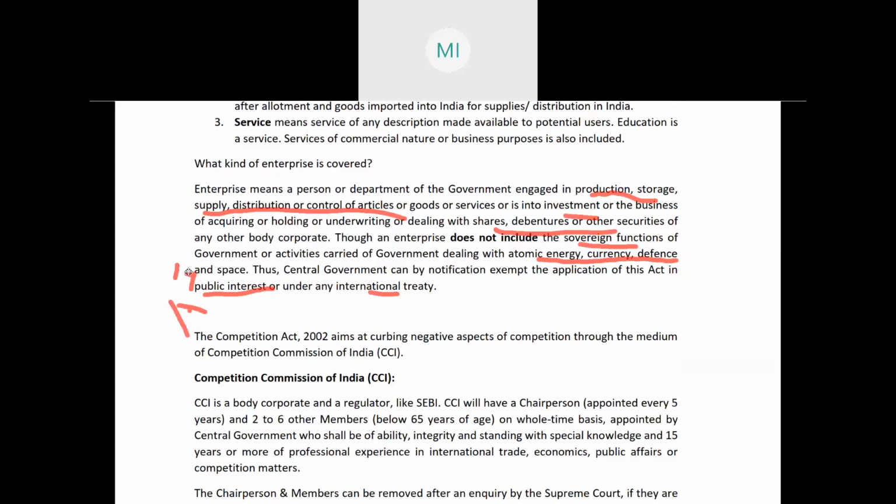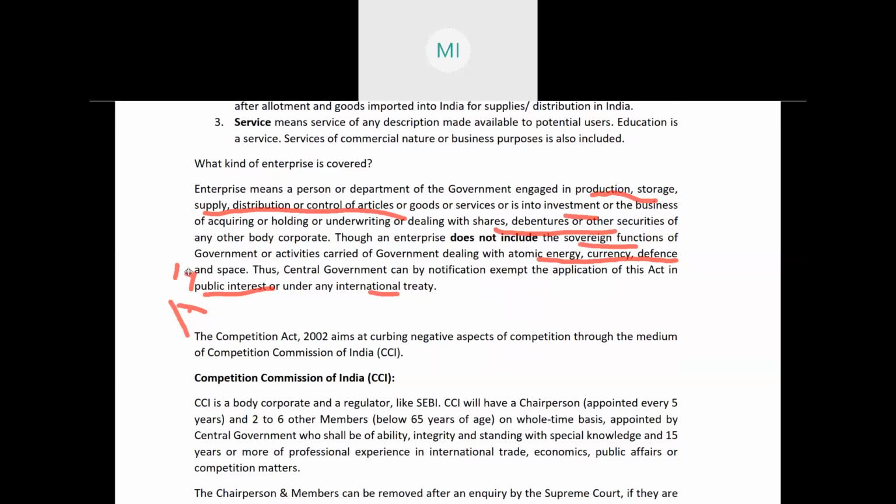So that is not a sovereign function, but it is a commercial function. Whereas railway is a sovereign function, because predominantly it's only government which is operating, right? So this does not include government doing any kind of sovereign functions, but only includes commercial activities of the government or a department of government.